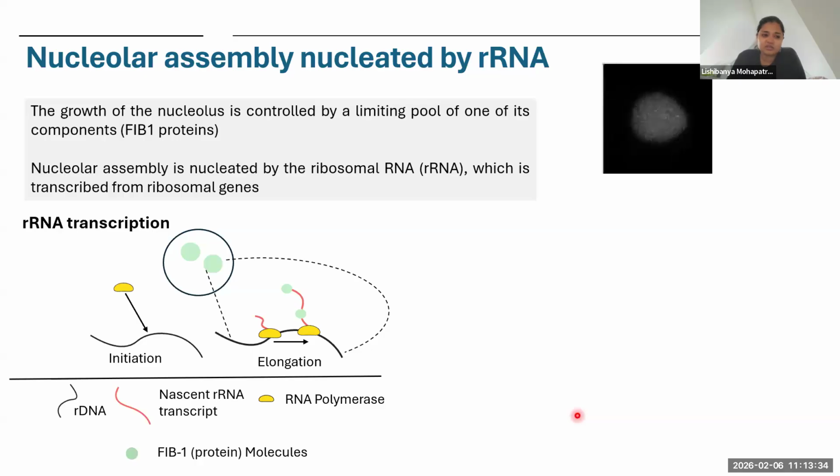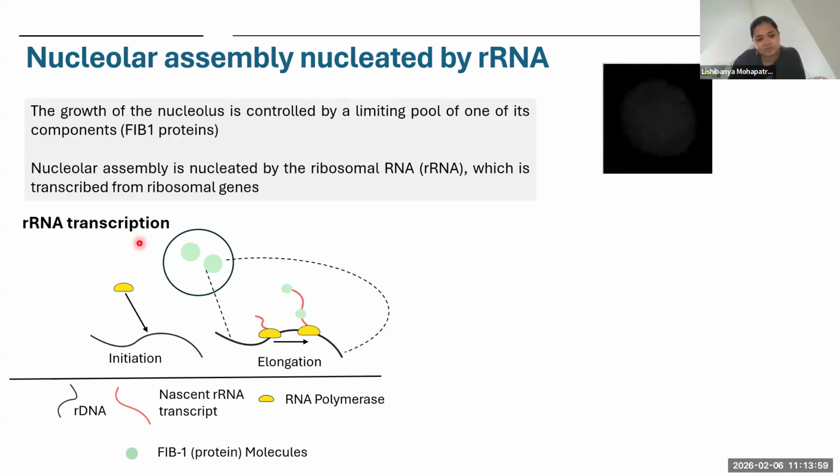And we also assume that the nucleolar assembly is nucleated by ribosomal RNA. There have been some papers, especially one in flies, which also suggested this particular mechanism, and we were curious to see how much this idea would contrast with what we see in experiments.